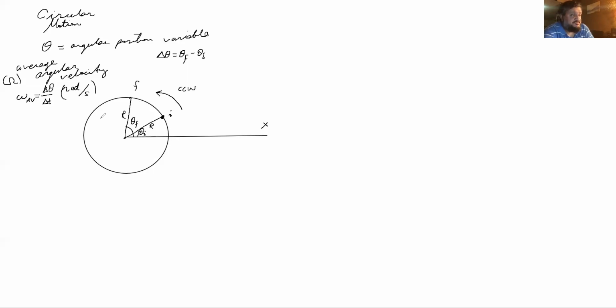What about clockwise rotations? Well, then theta final will be less than theta initial. So you'll have a negative number, okay? So omega itself has to have some sort of polarity. That's why it is also a vector quantity. It means we have to have a direction for it.